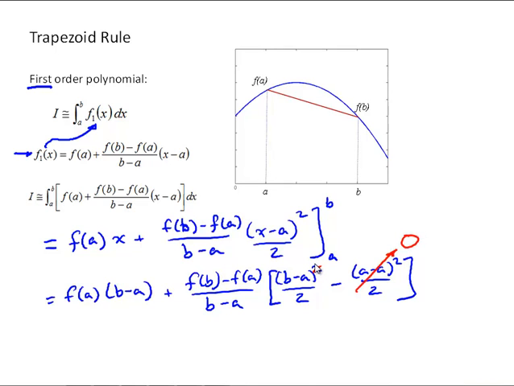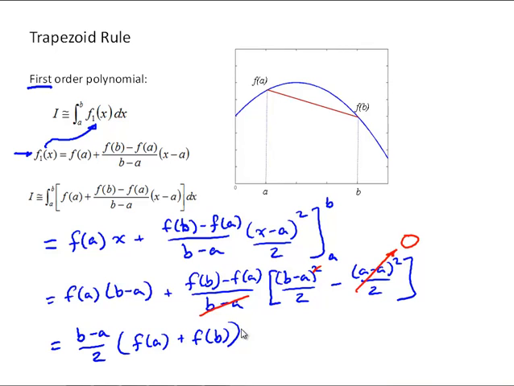The squared cancels with this b minus a, and simplifying, what we'll get now is b minus a over 2 times f of a plus f of b. And that's our result for the trapezoid rule.